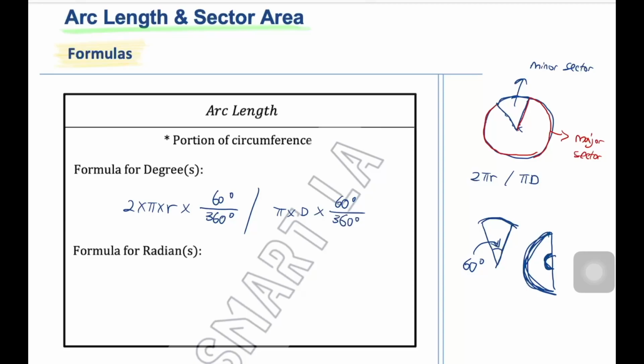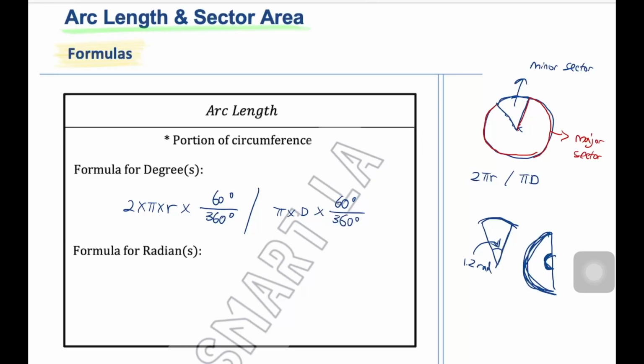Now let me go through how you find the arc length if you have the angle in radians instead. So let's say this is no longer 60 degrees. This is an angle given in radians, say 1.2 radians.